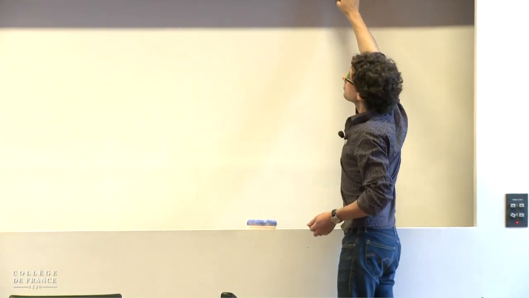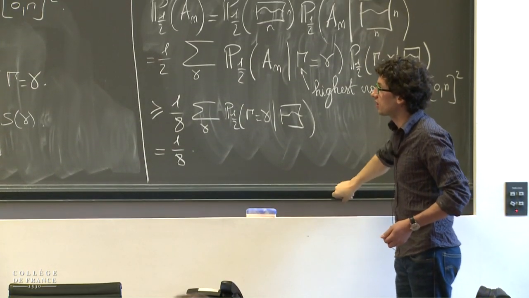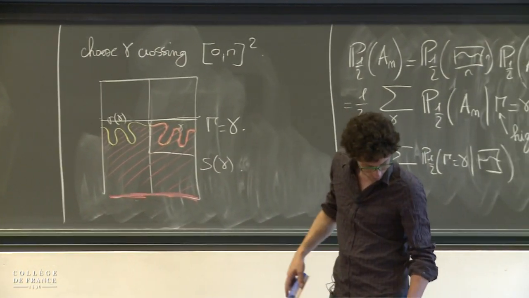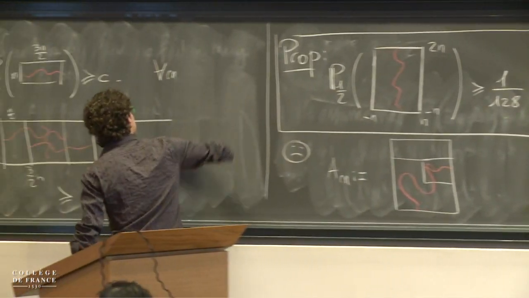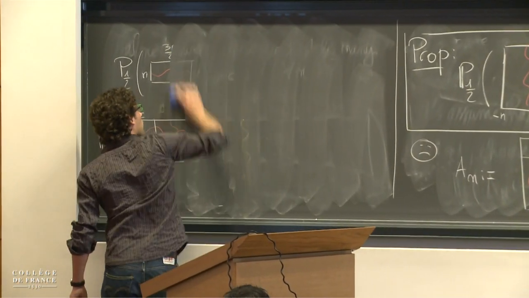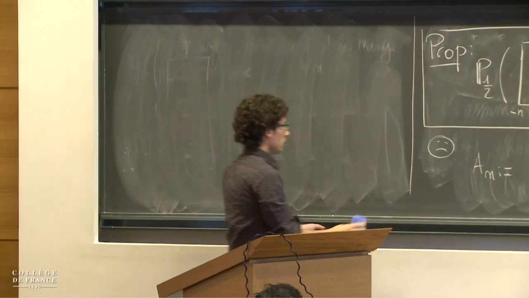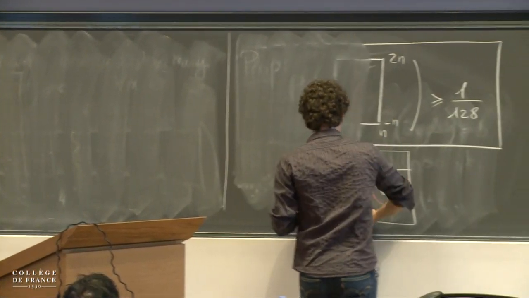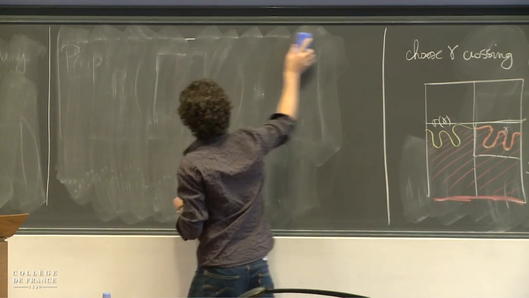So maybe I should give you a few examples of boundary conditions so that you have a little bit of an idea of what we are talking about. The first and simplest boundary condition you can think of is to take the partition to be just a union of singletons. So you put no wirings between sites.